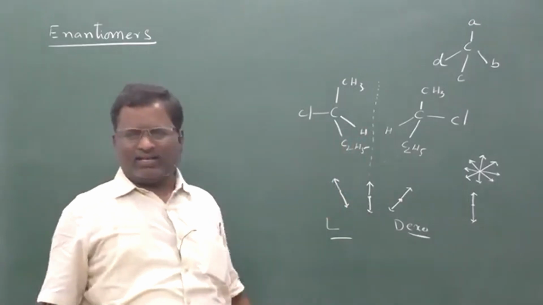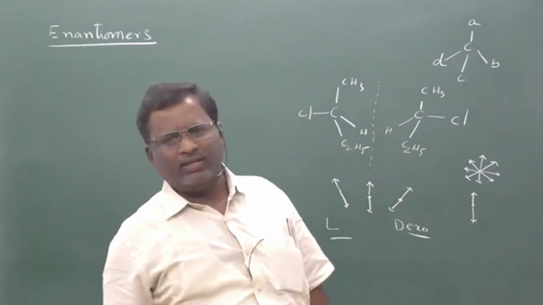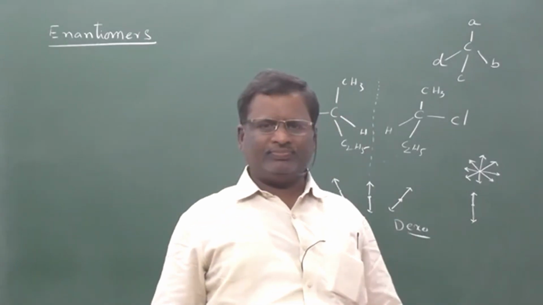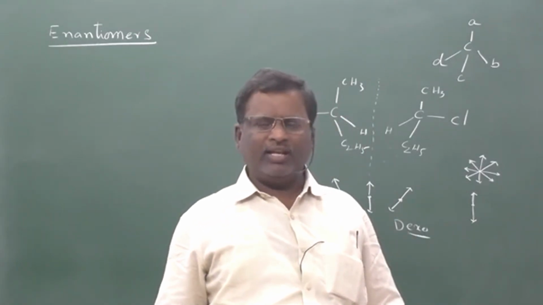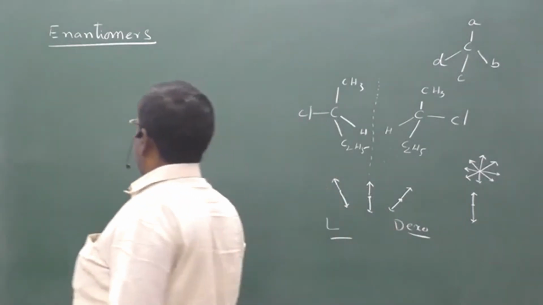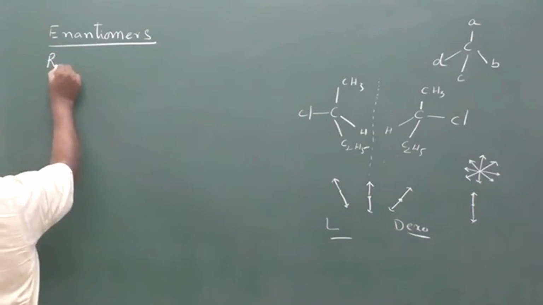Such isomers are said to be enantiomers. Now another question they may ask is about racemic mixture.